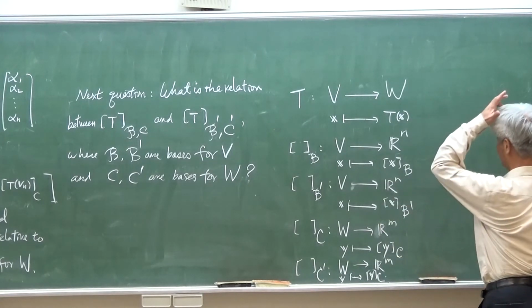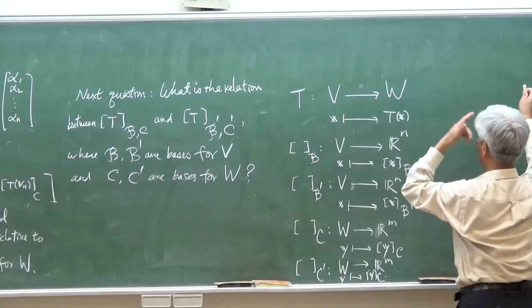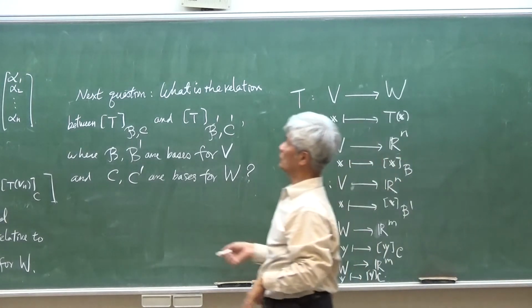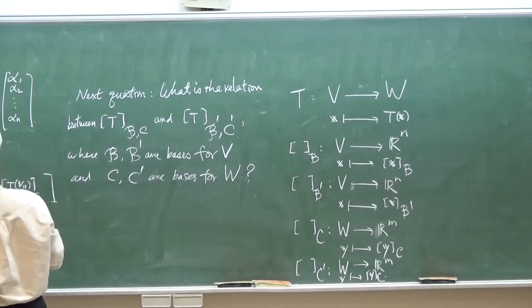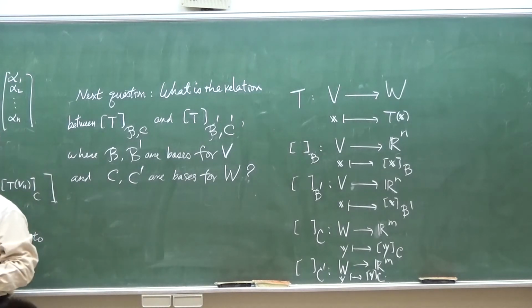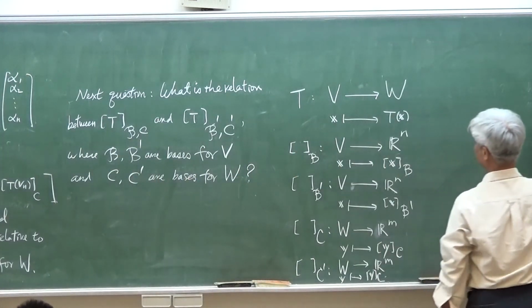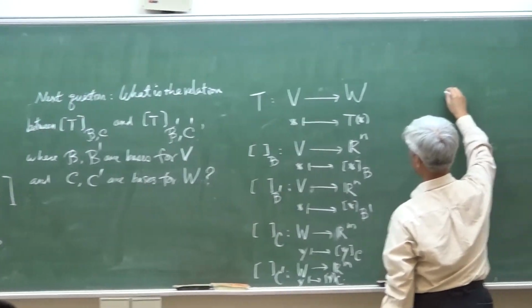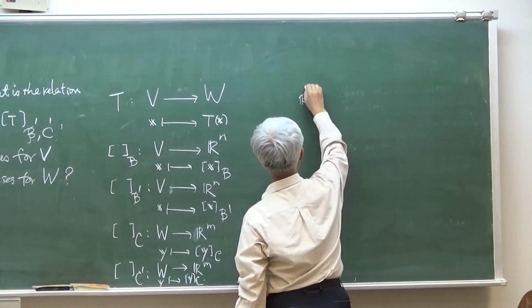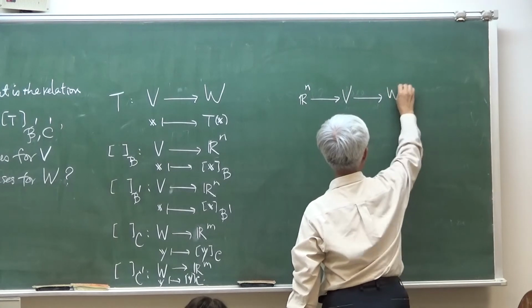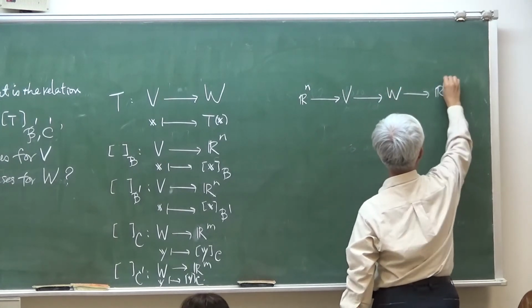So now, what is this matrix representation? How do we get it? We think about Rn, and we go to V, we go to W, and then go to Rm.